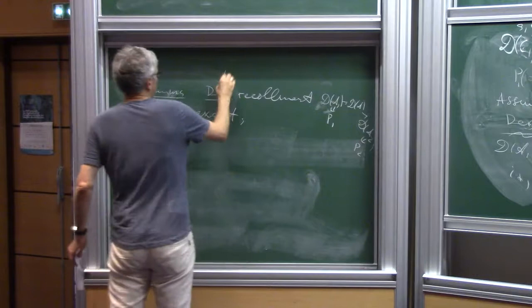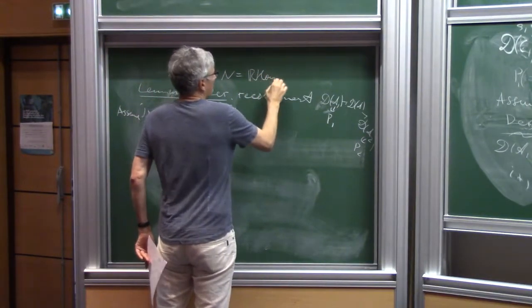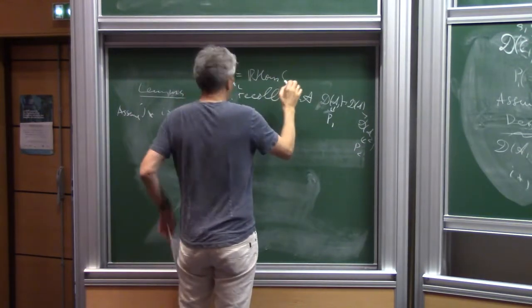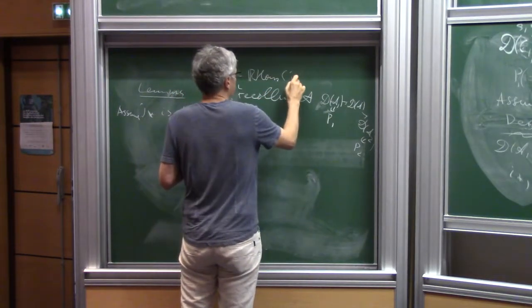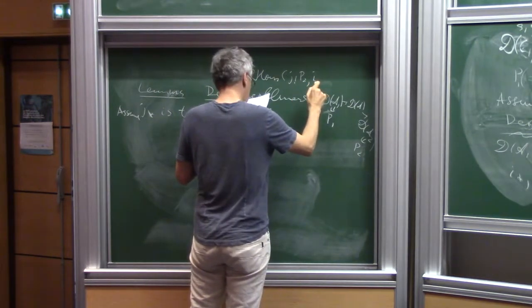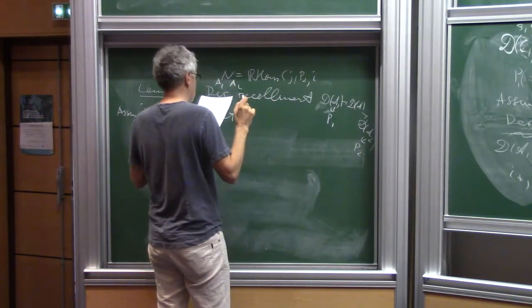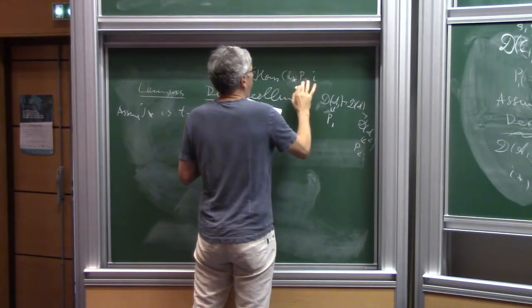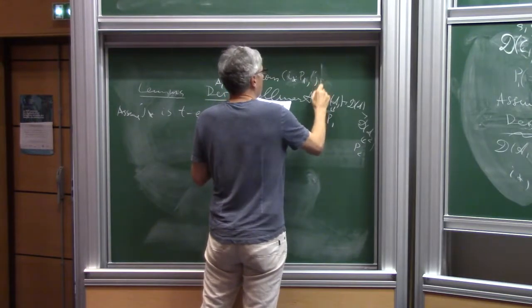a bimodule N. And this bimodule is just Hom, an A1, A2 bimodule, from i lower star of P1 to j lower shriek of P2.